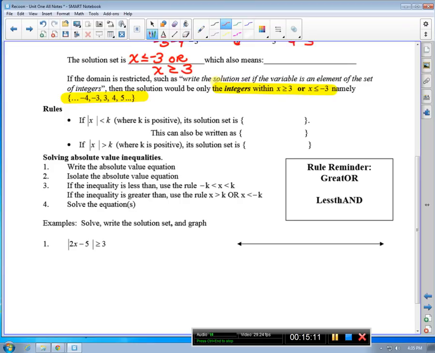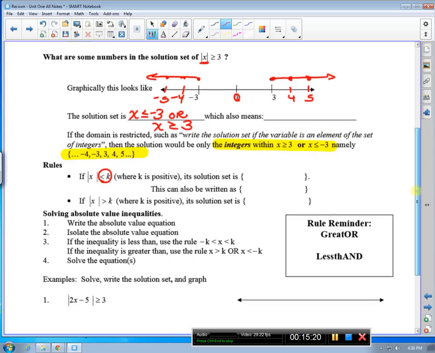So when we have a less than something, the absolute value is less than, we're going to get a solution set that is between two numbers. So we're going to get negative k is less than or equal to x is less than or equal to k, whatever that number is. And when we have a greater than, then our solution set is that our x's are less than negative k, or our x's are greater than k.